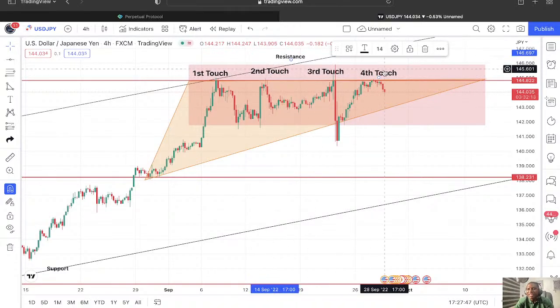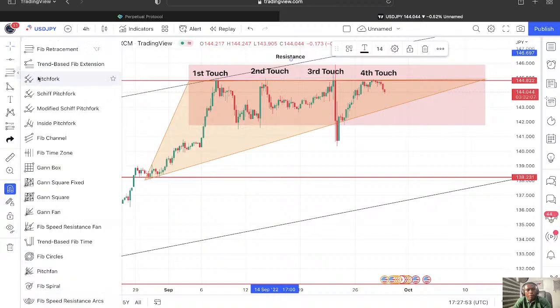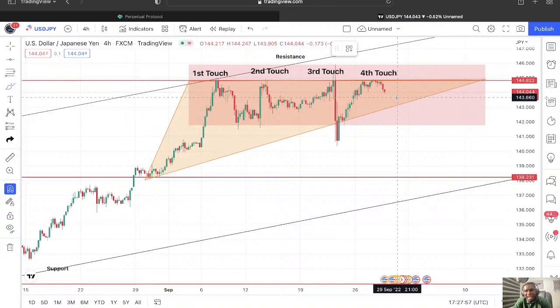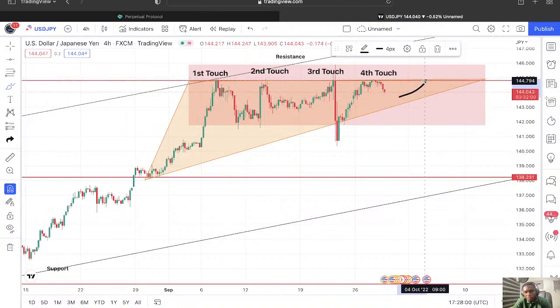Fourth touch, this level is now weaker than the third. Now, the next touch might be the breakout touch. The next touch to this level might be the breakout touch.